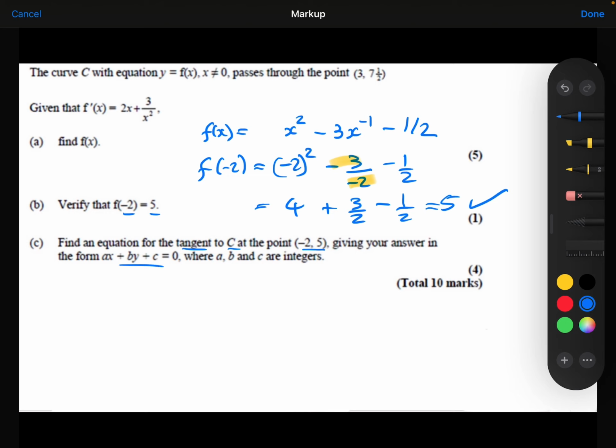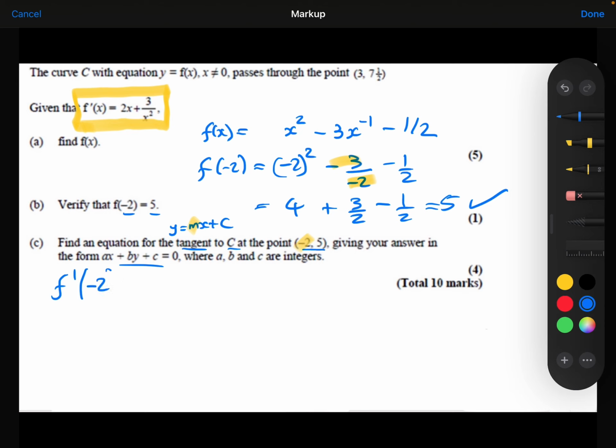So tangent, straight line, y equals mx plus c, and I can find my gradient m by substituting my x coordinate into the gradient function, which usually we would do by differentiating. In this case here, I don't need to do any differentiation because I was already given the gradient function at the very beginning of this question. So that saves me a job. I don't need to do any differentiating.